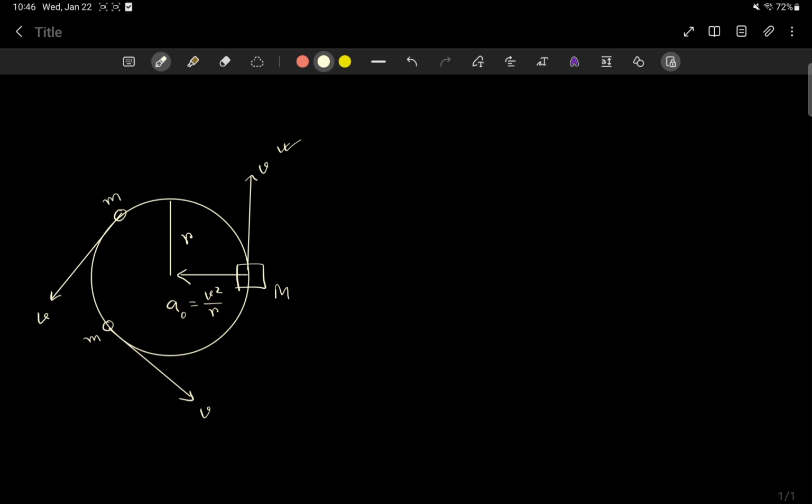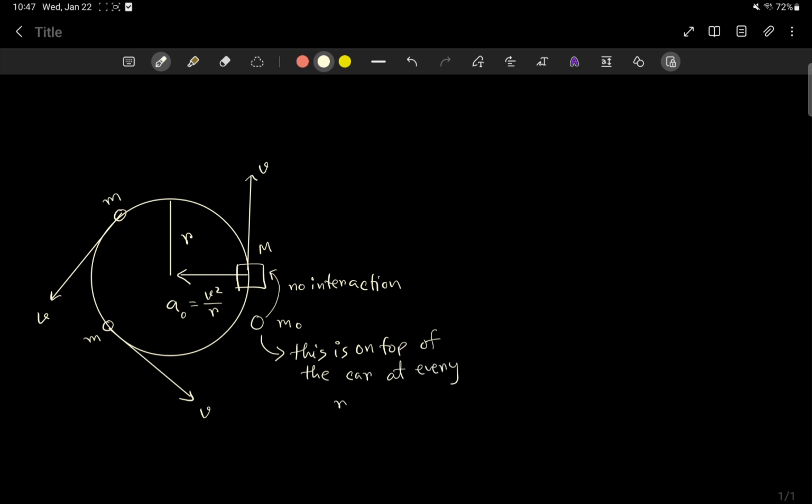Now, if we are trying to see this car in a non-inertial frame, let's say there is a mass m naught on top of this car, but it does not interact with the car, so no interaction. It is on top of the car at every moment.